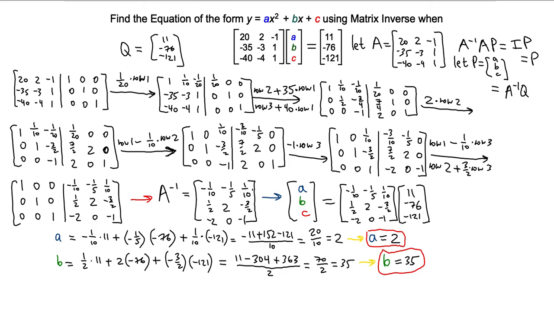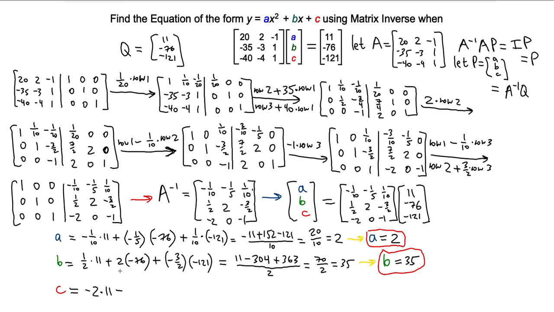Now finally the C value, right? The C value is going to be taking the last row of this. So minus 2 times 11 plus 0 times negative 76, so we can disregard that.